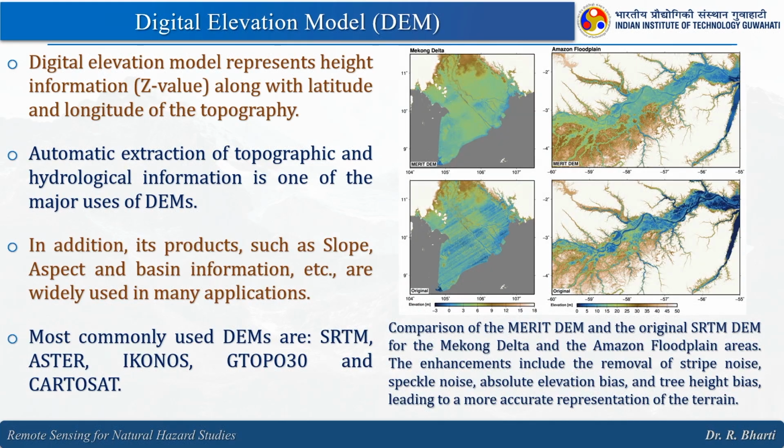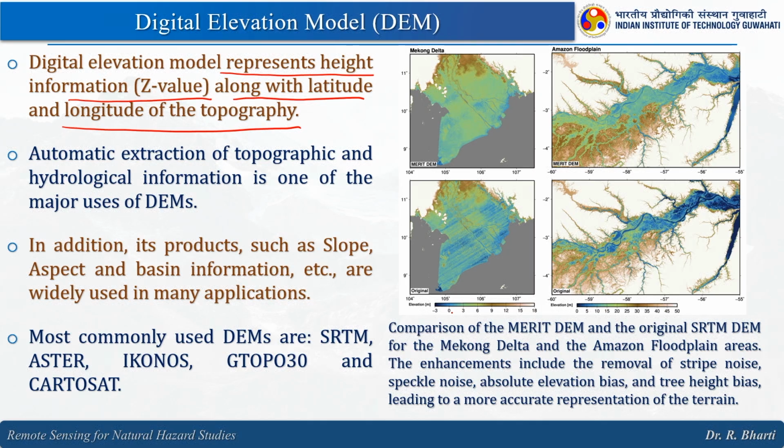Then comes the digital elevation model, which is one of the very important parameters in flood studies. We all know the digital elevation model represents height information, that is the z value. X, y will be location and z will be your height information, along with latitude and longitude of the topography.